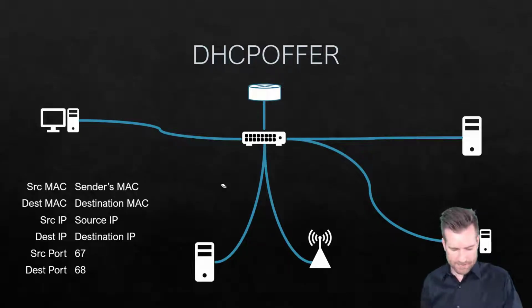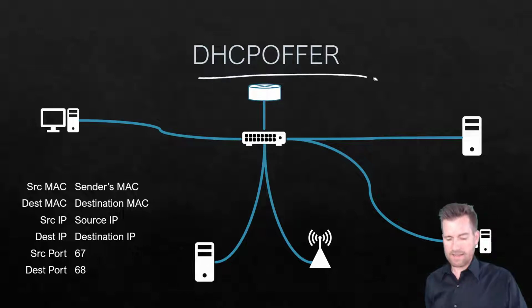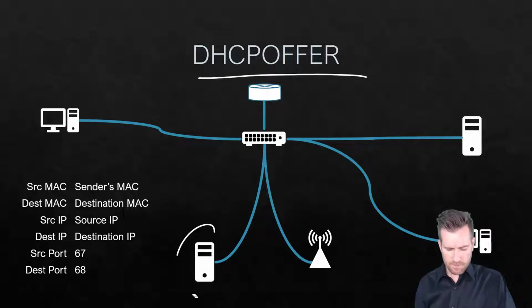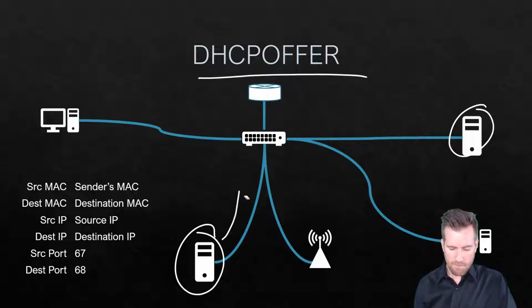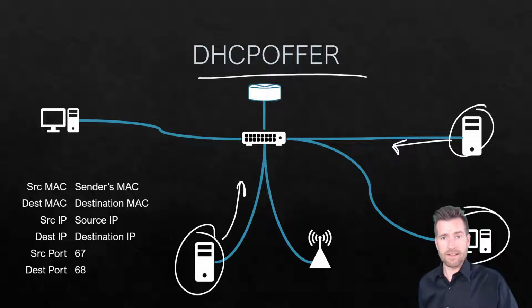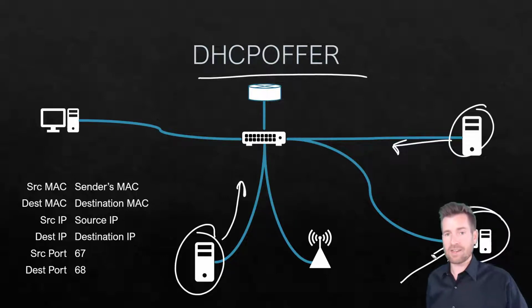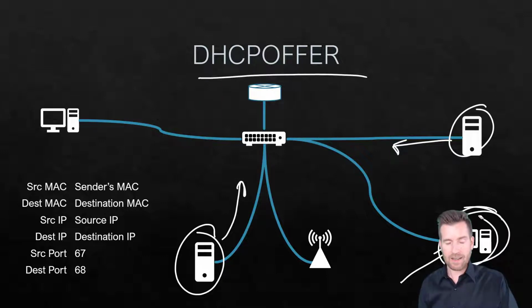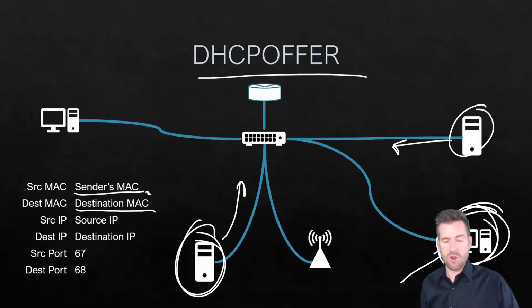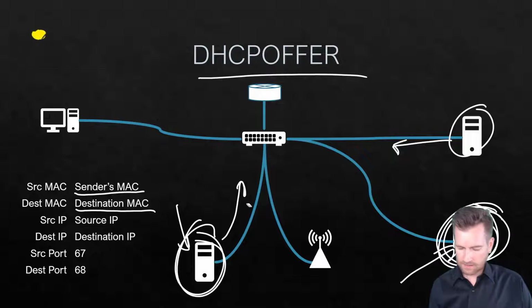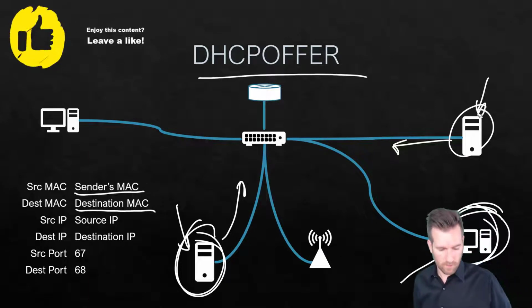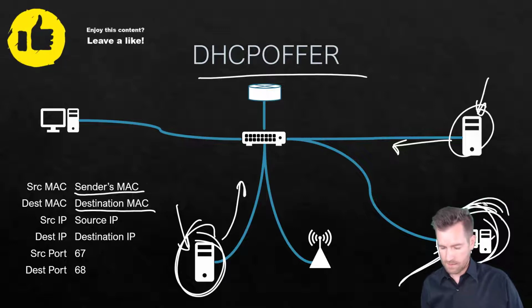The next step in this process is the DHCP Offer. The DHCP Offer is going to be these DHCP servers making an offer to this computer right here. Now, it actually knows the destination MAC address now. This machine, as it sent the discovery out, had its own MAC address in there. So it can send it directly to this machine right here. So it's sending from these machines. They, of course, know their MAC address. So the sender MACs will be the sending machines, or these servers right here. The destination MAC address will be of this machine right here.